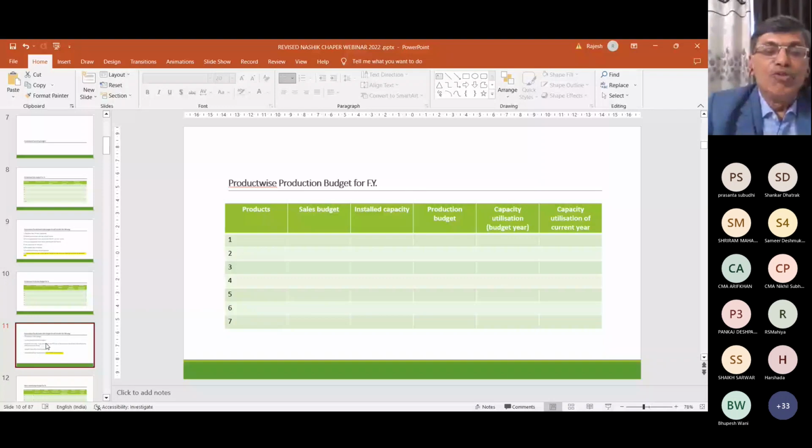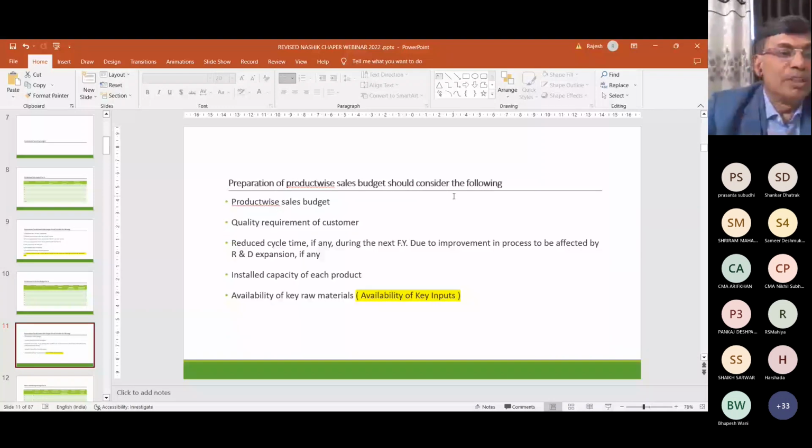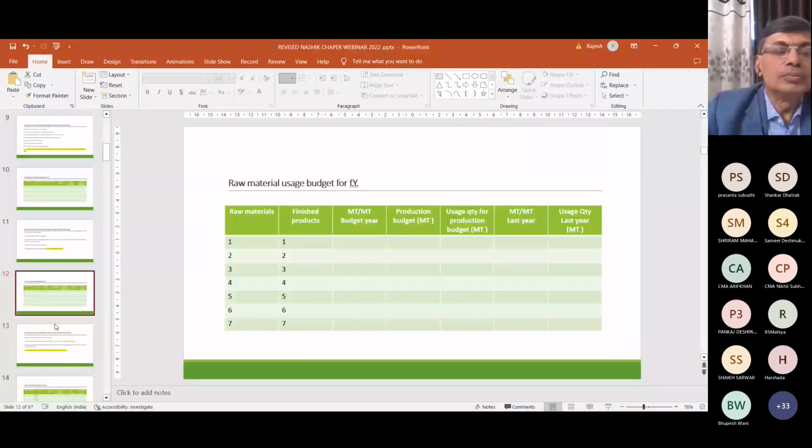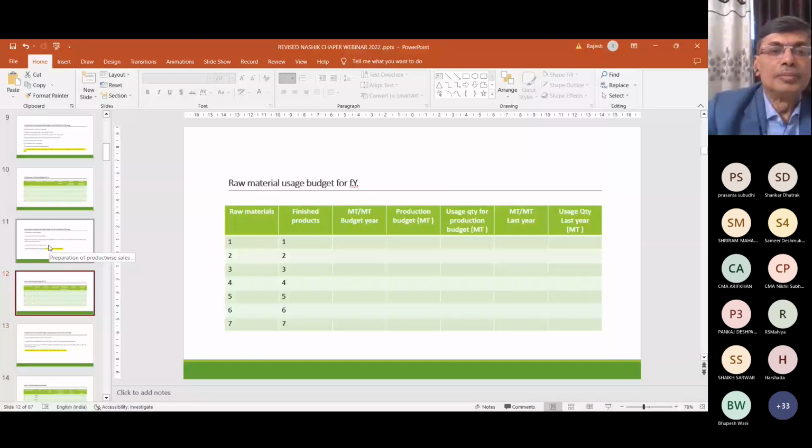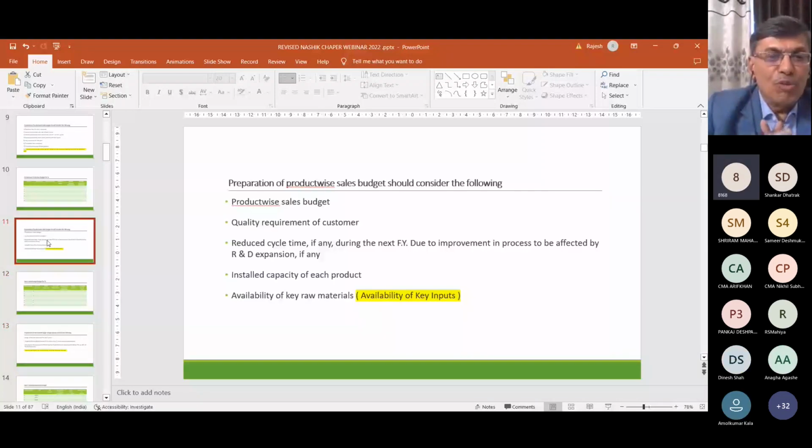Now, what factors will be considered for this budget? One is the product wise sales budget, then the quality requirement of the customers. This production has to meet the quality requirement of the customers.